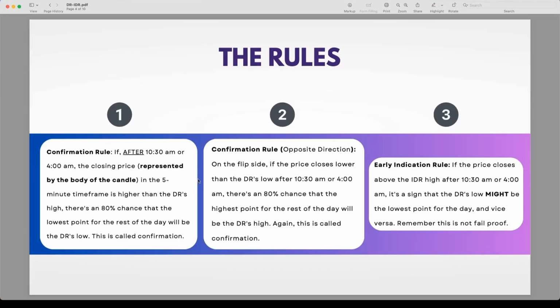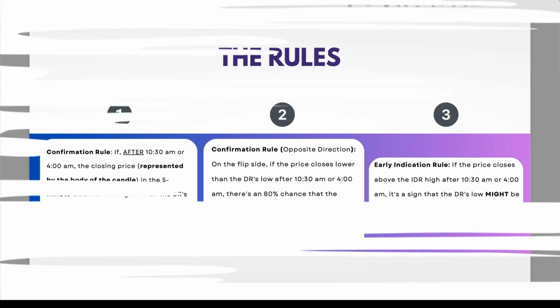So just a quick review. When I talk about the closing price after 10:30, we are using the body of the candle, not the wick. We don't care about the wick closing over the DR high or low. We want a body to close over that area. Again, you'll see what I mean in a short minute, but I have to emphasize this part. It's very important. Now, let's move on.